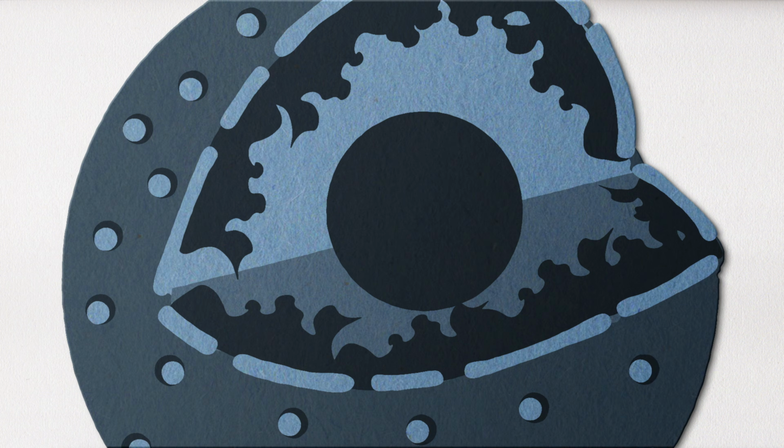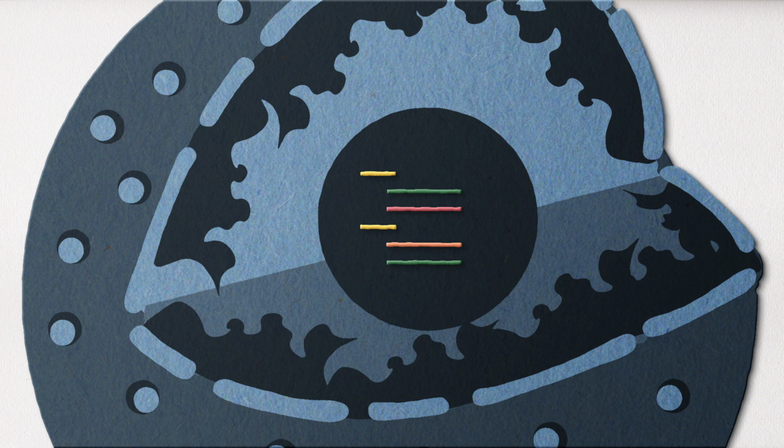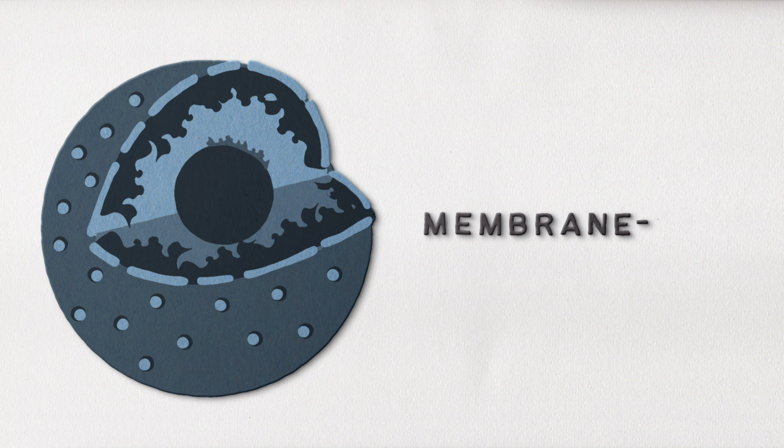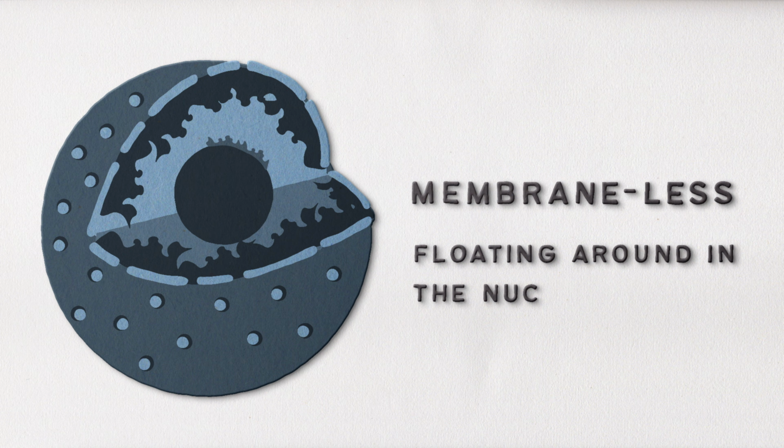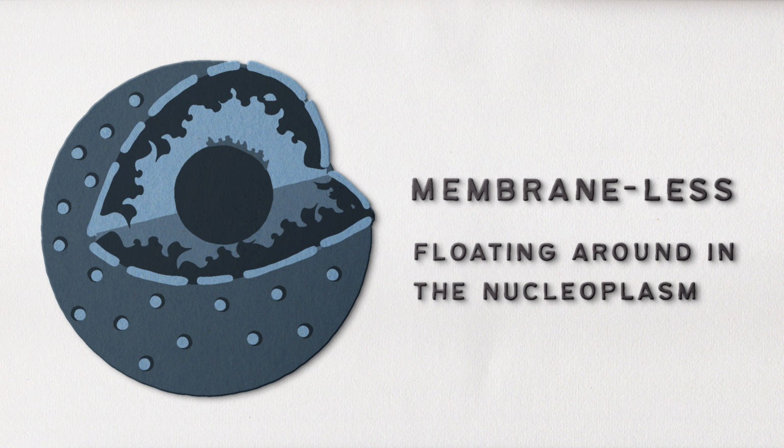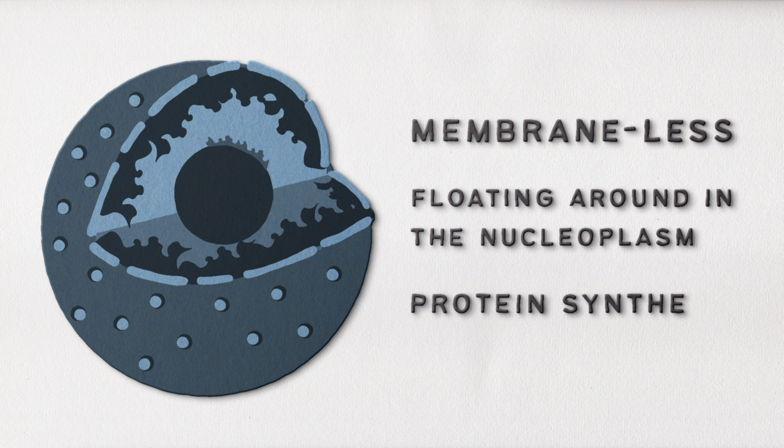Think of the nucleolus like a temporary line of code that your guy behind the computer uses to save the day. It's put on your computer to finish one job, and once it's done, the code disappears until you need it again. The nucleolus is a membraneless feature that spends its time floating around in the nucleoplasm and also plays a big role in protein synthesis.